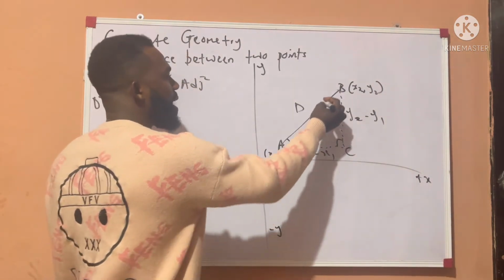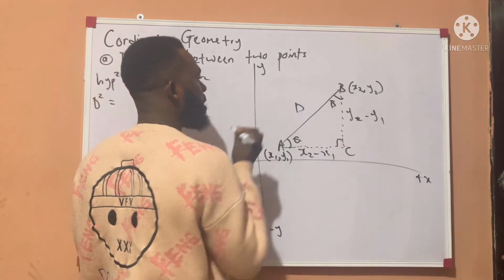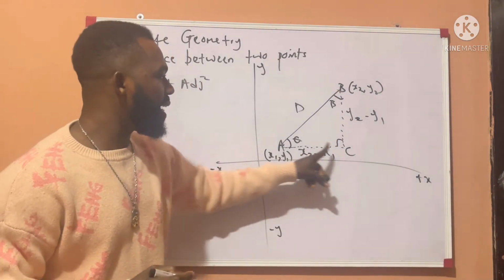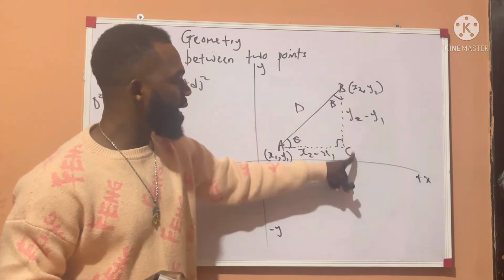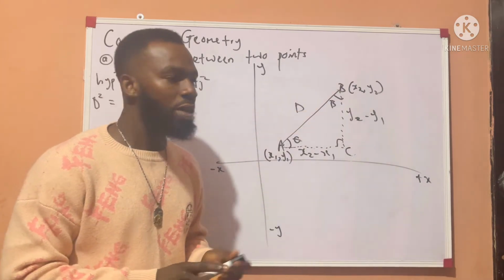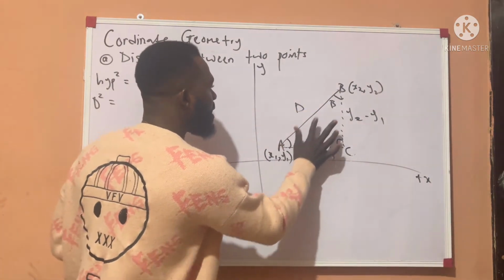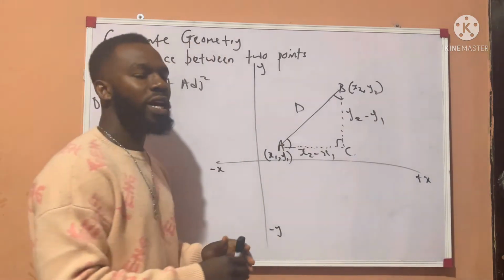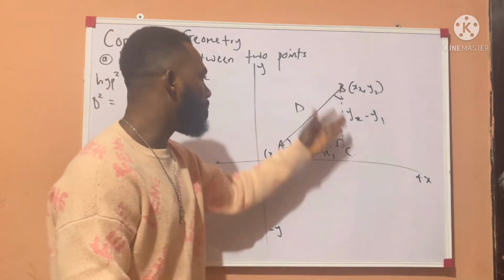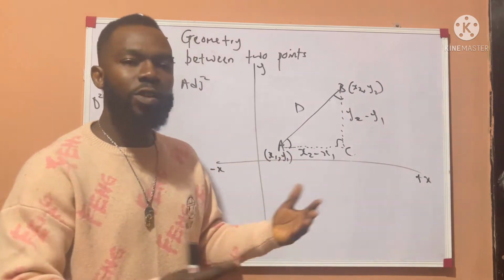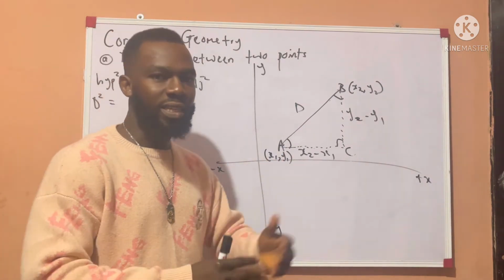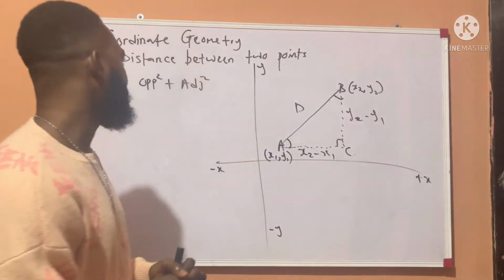If I am using angle beta, automatically line AC becomes the opposite and line BC becomes the adjacent. But because in the question there was no angle given, we can take BC as opposite or BC as adjacent, or AC as opposite or AC as adjacent. It doesn't really matter.